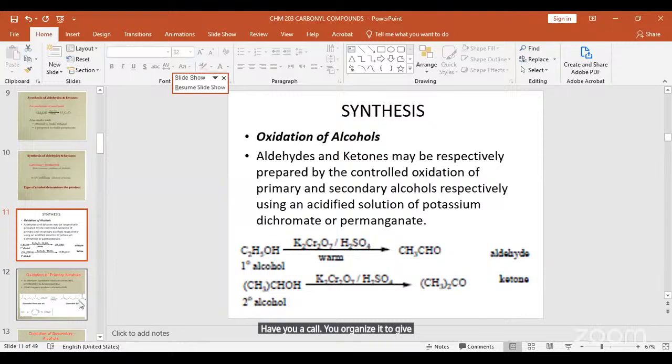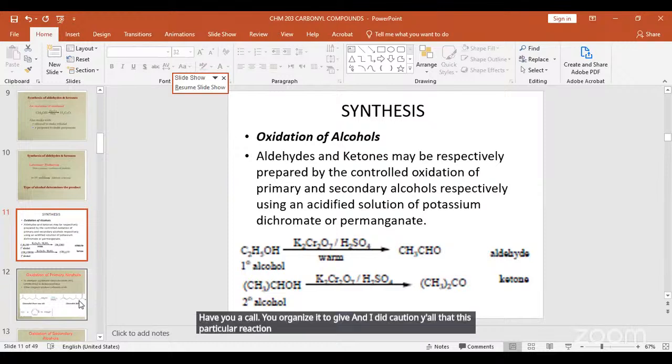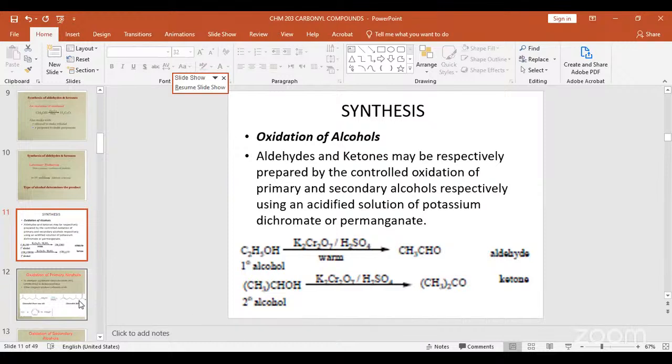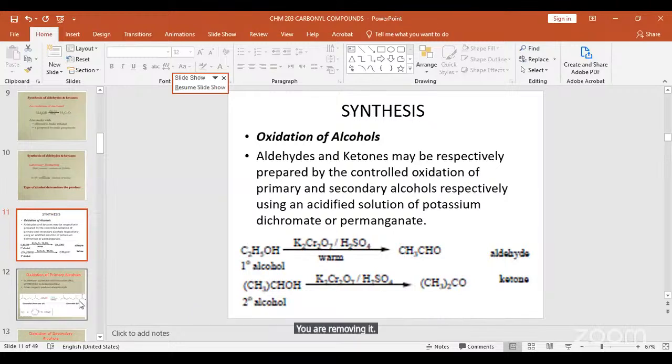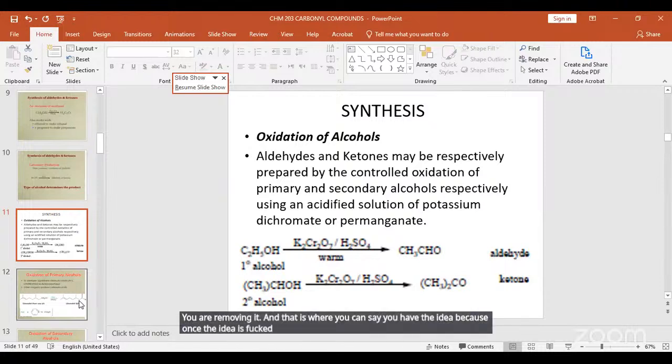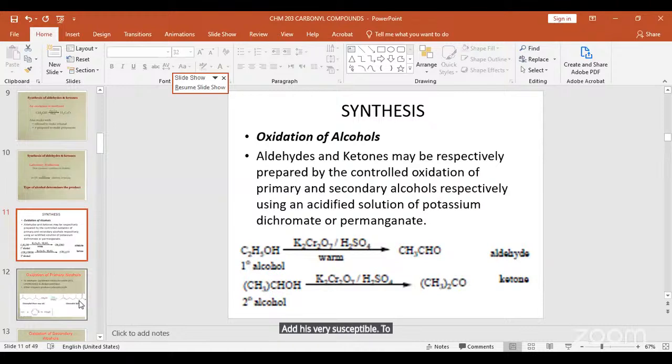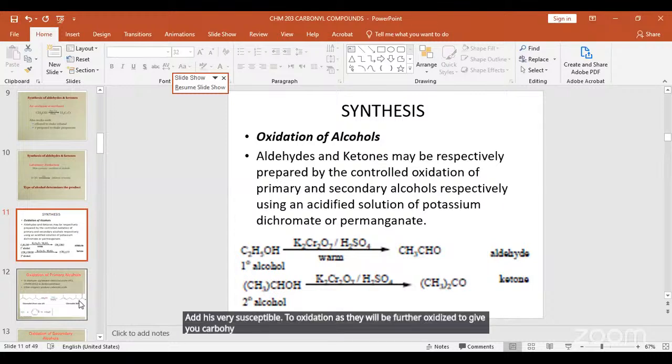And I did caution that for an aldehyde to be formed here, immediately the aldehyde is formed, you must remove it, because once the aldehyde is formed and you have any oxidizing agent available, the aldehyde is very, very susceptible to oxidation. Hence, it will be further oxidized to give you a carboxylic acid.